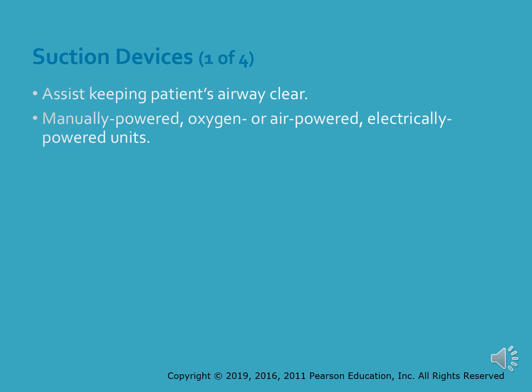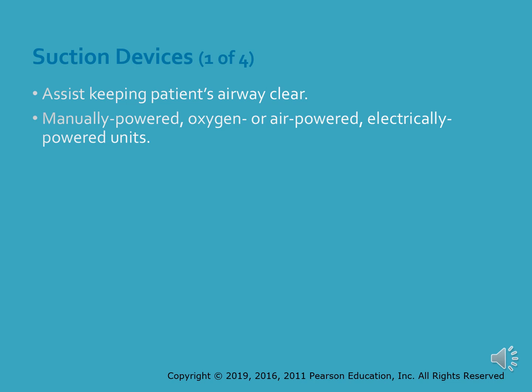You're then going to use finger sweeps appropriately. In addition to this manual method, the use of mechanical suction devices can be very helpful in clearing the fluids. There are several types of portable suction devices available, including manual-powered, oxygen or air-powered, and electrically powered units.